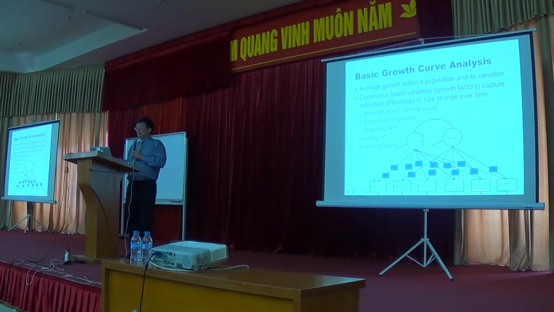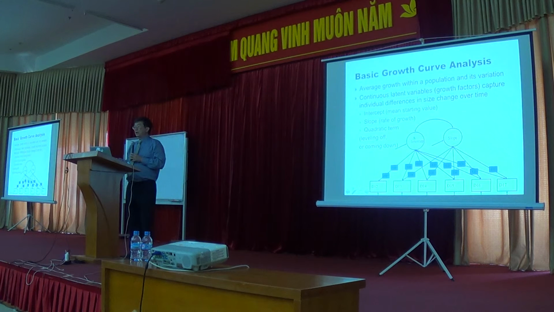So if you have these data points for different days about the tumor size over time, from the data from each animal, you can construct a linear growth curve, a line with intercept and slope.